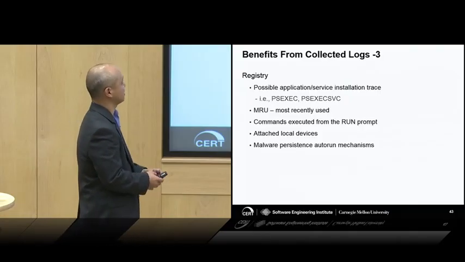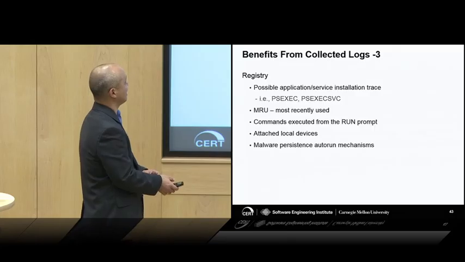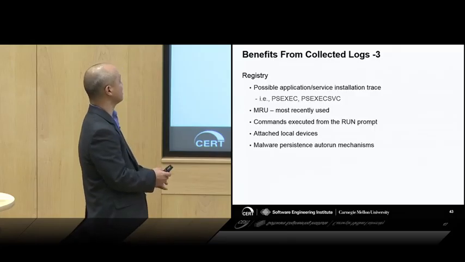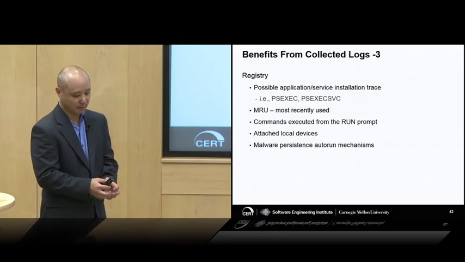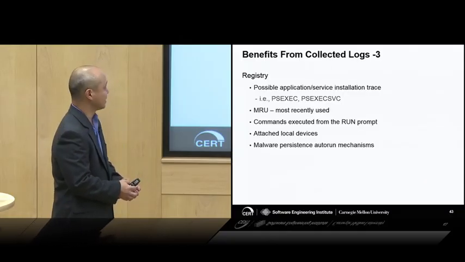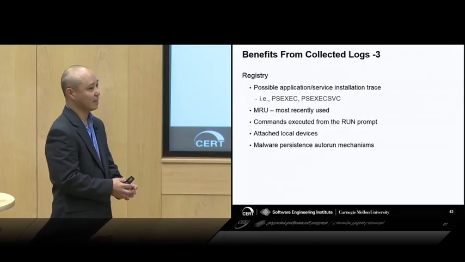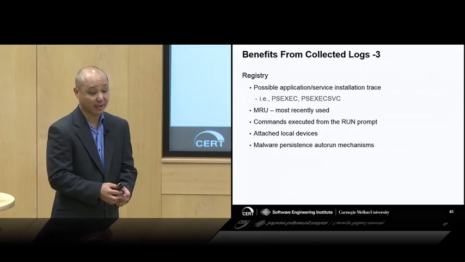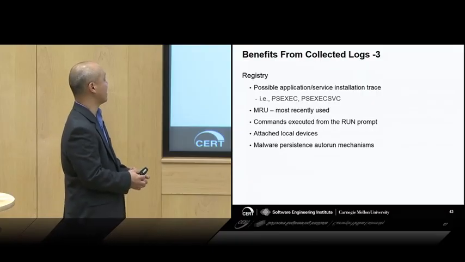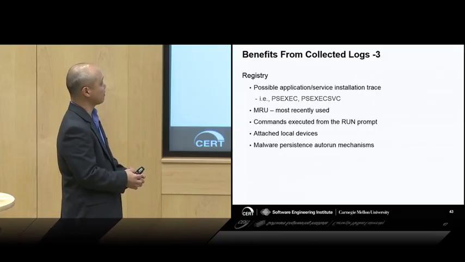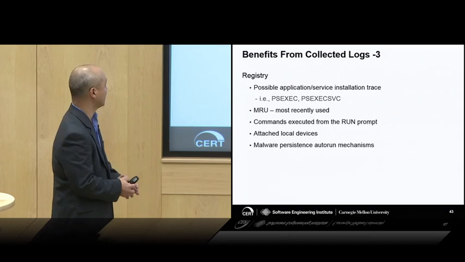Possible applications and service installation traces, right? If you see PSExec or a PSExec service installed. Most recently used information is in the registry. So you can go and look and see if that intruder got in and what they were looking at, perhaps on that host. The commands executed from the run prompt, if that's what they were using.